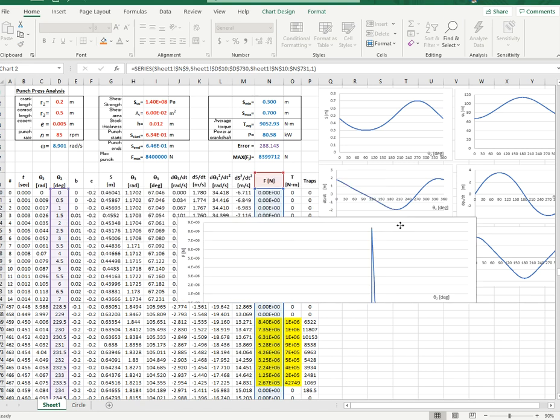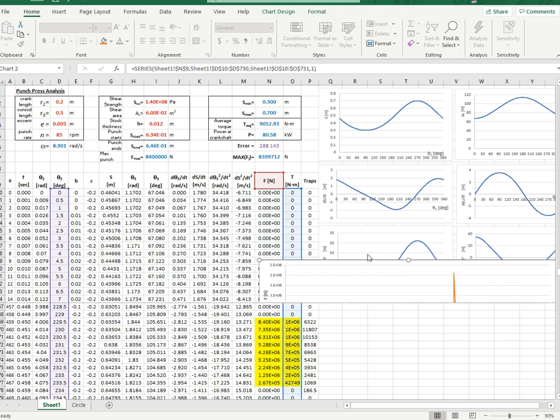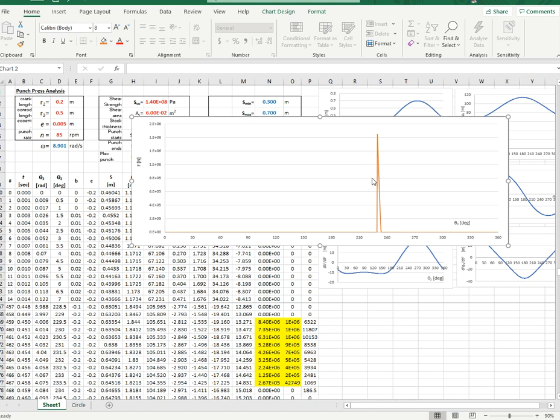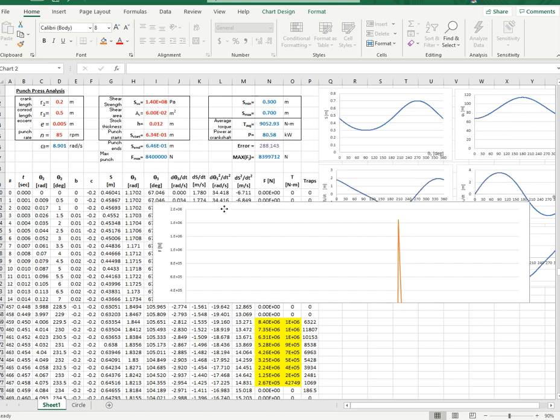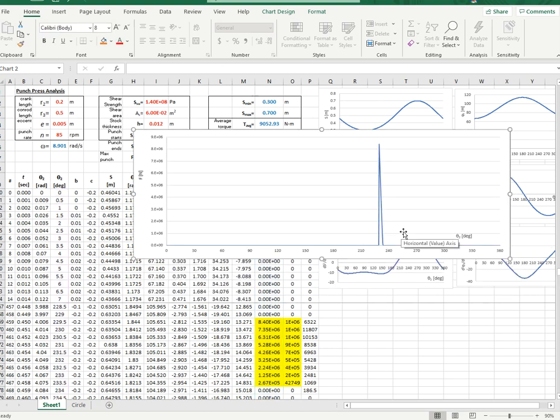This is the force graph, but I can switch to this one, and you can see they're pretty much the same, other than the axis labeling, which is not valid. But I just quickly made it so we can observe the torque curve.